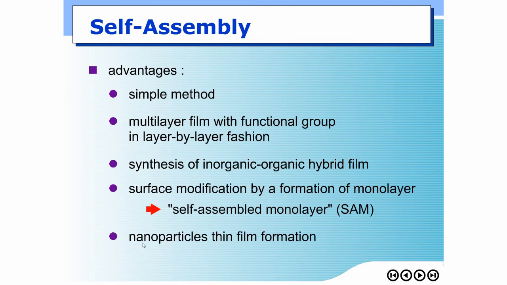You can also form, let's say, the first layer by forming a thiol layer onto the surface, and then instead of having the second layer of molecules formed on top of the first layer, you can dip that film into colloidal particles. Okay, for instance, if your termination group is sulfur, and then you dip that film in a colloid of gold, the gold particles would attract to the sulfur on the surface.